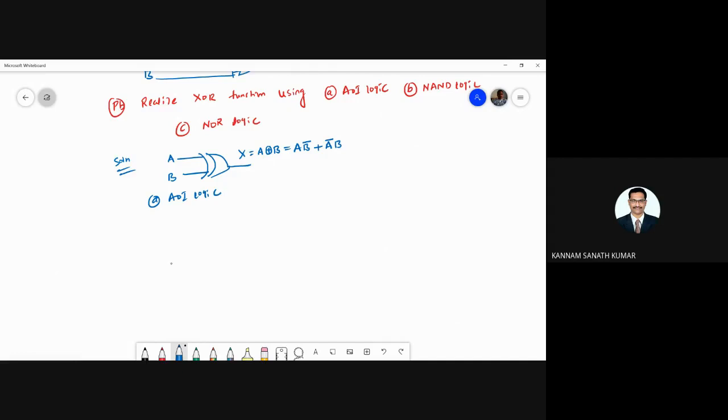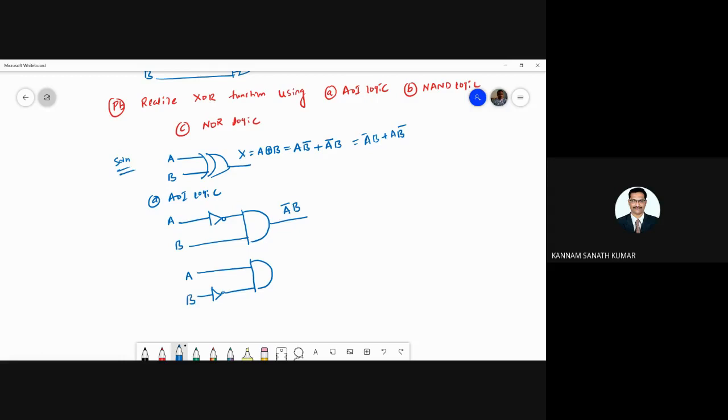So how can I represent? Maybe commutative, no? So that means you can write A bar B plus A B bar. Okay, so A is coming through the inverter, and this is B. So this is nothing but A bar B. And next, this one is coming through the inverter.